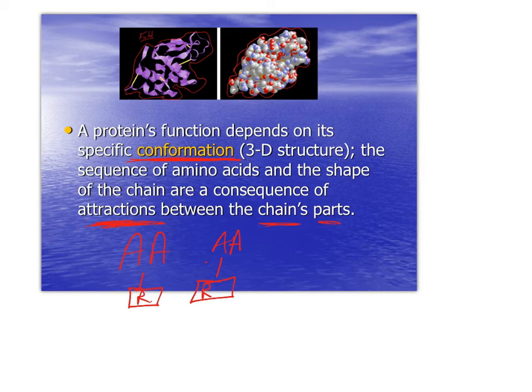If they don't like each other, they get spread out further. Remember, like dissolves like? If this is nonpolar and this is nonpolar, they hang out together. If this is polar and this is polar, they hang out together. If one is nonpolar and the other is polar, they repel.